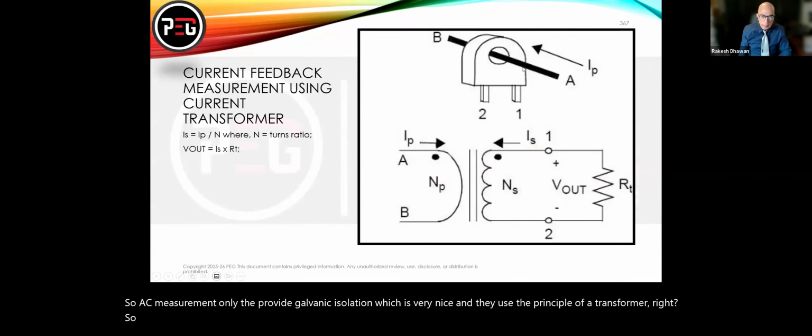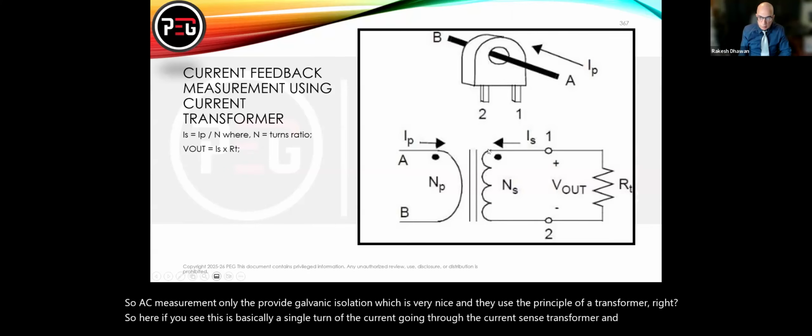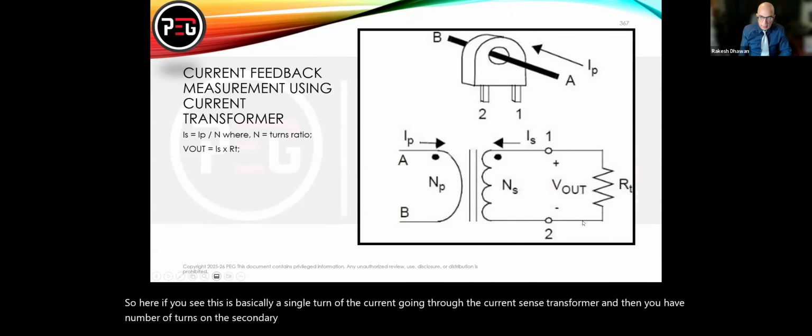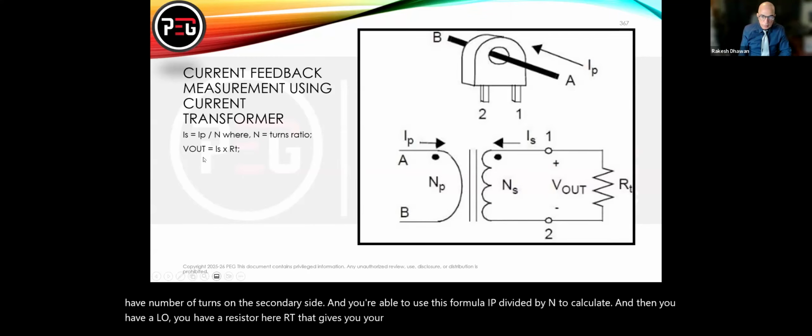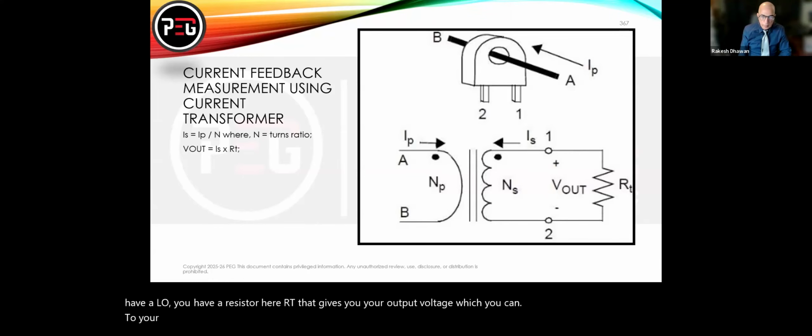So here, you have a single turn of the current going through the current sense transformer, and then you have a number of turns on the secondary side, and you're able to use the formula IP divided by N to calculate the secondary current. Then you have a resistor here, RT, that gives you your output voltage, which you can feed to your microcontroller, okay?